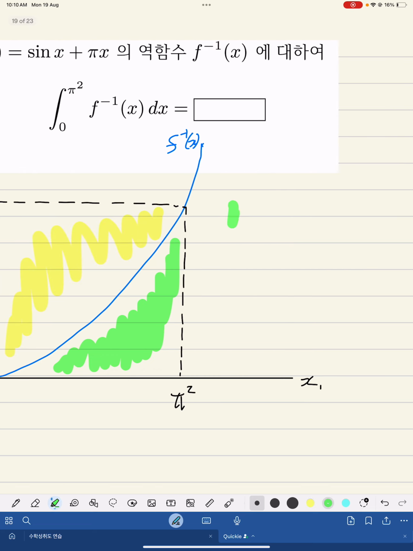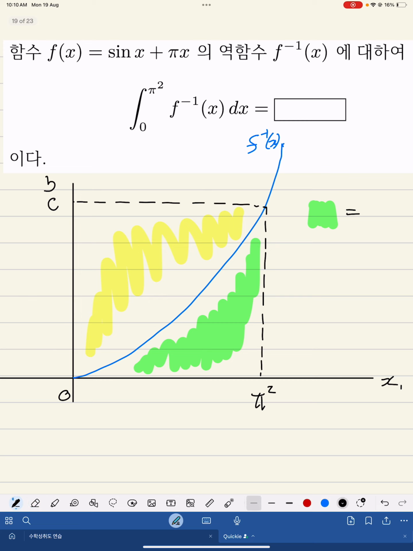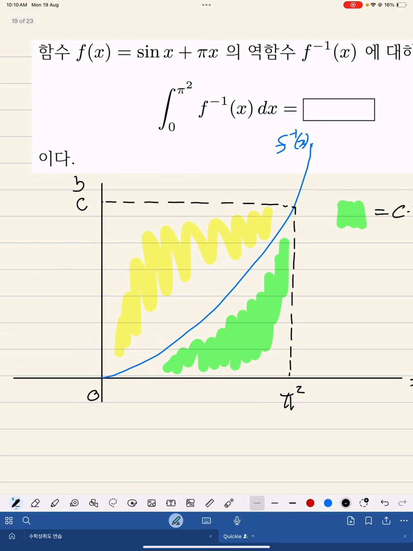So our goal is equal to the rectangle, which is this rectangle's area, which is c times pi squared, minus the area of the yellow. But what is the area of the yellow, you might ask?